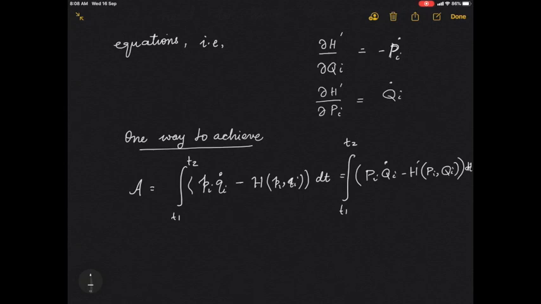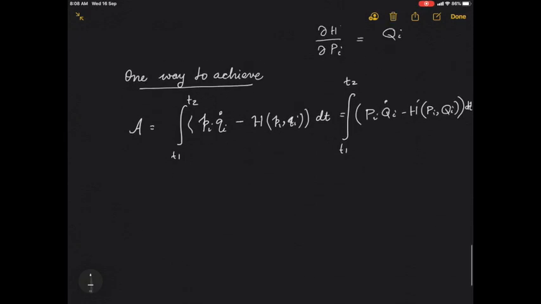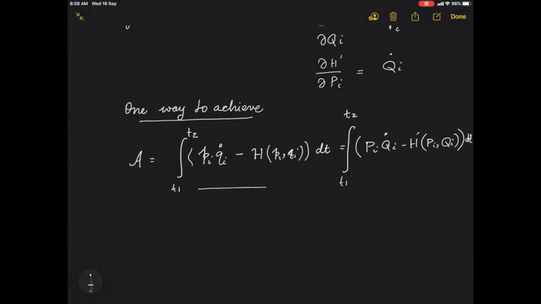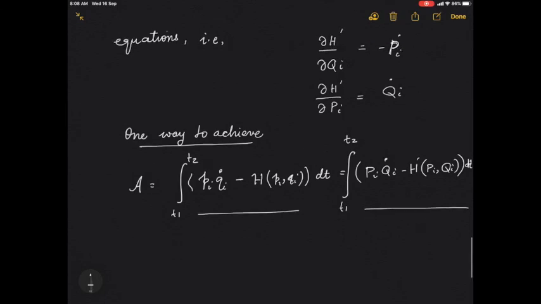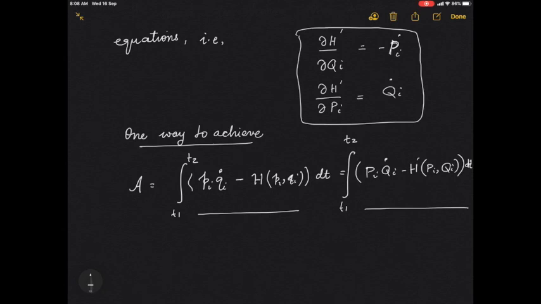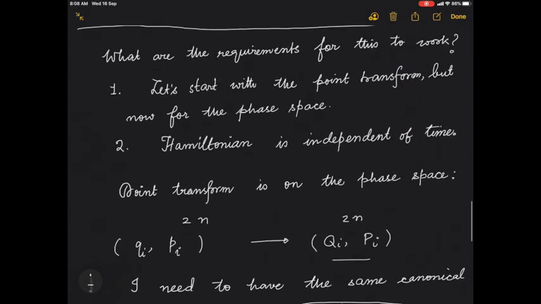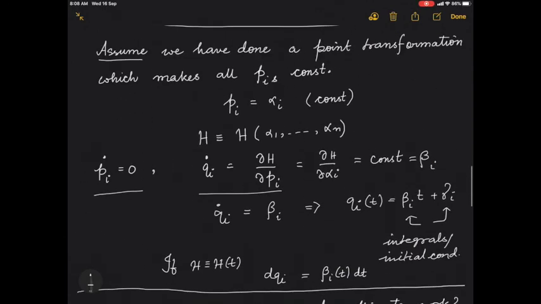So it should have the same canonical form. The Lagrangians should have the same form, because that is the form which gives rise to these canonical equations. If I change the form, if I, for example, put in Pi dot squared, then I will not get the same equation. And we needed to have the same equation because that is what we used here.